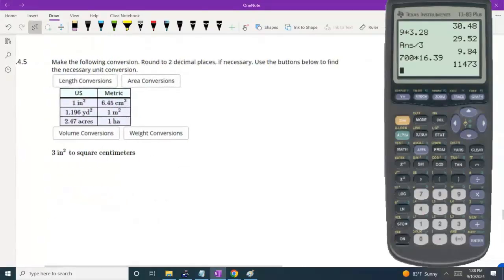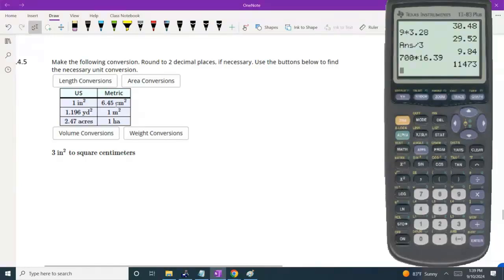All right, and this is similar to your problem number 5. We're asked to convert 3 square inches to square centimeters. There is a direct conversion from square inches to square centimeters, so I can actually use 1 unit fraction.